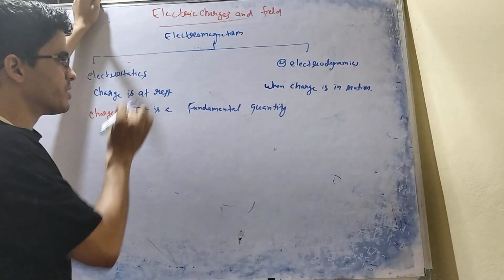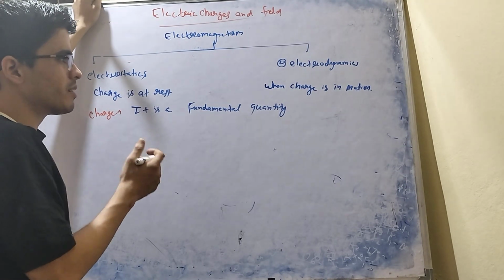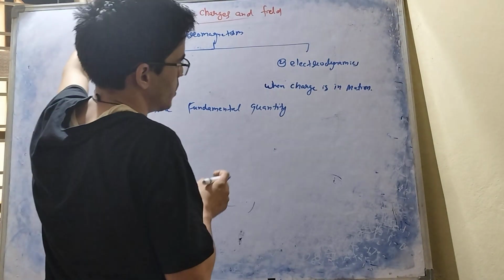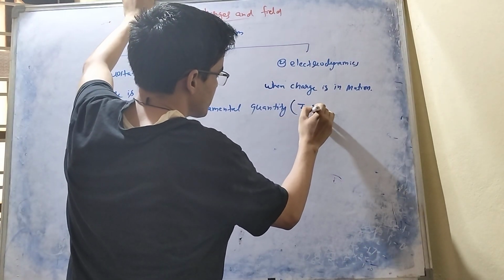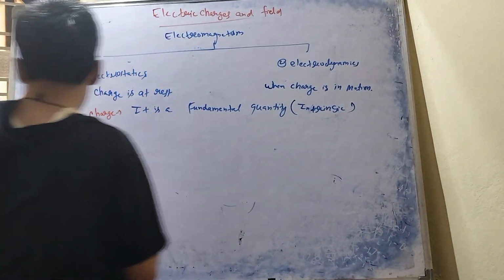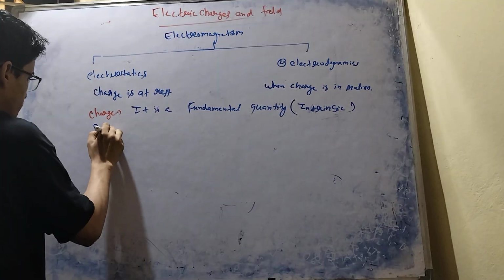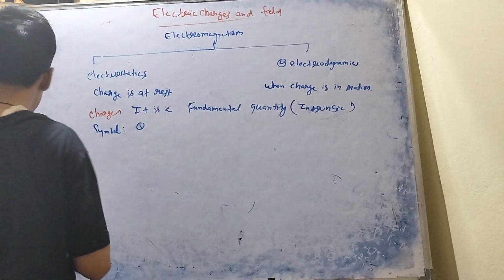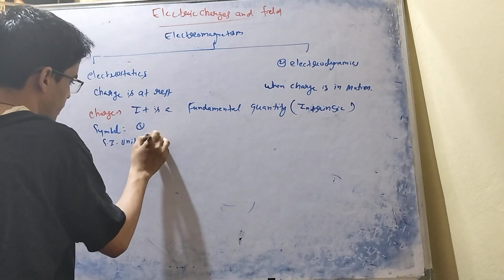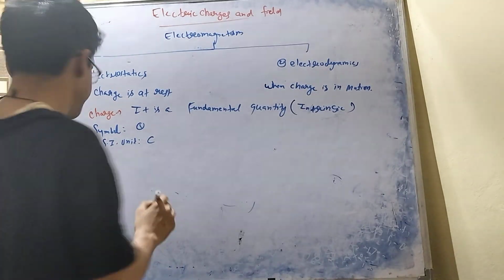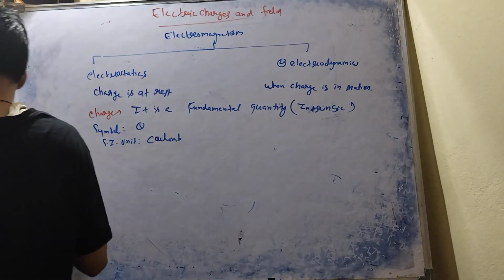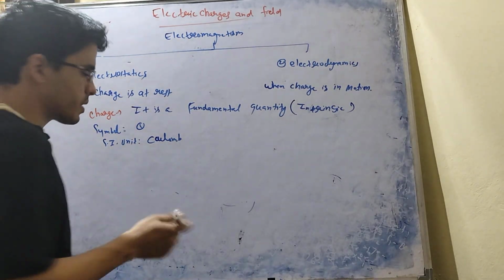In that case it is a basic or fundamental quantity with respect to micro phenomena. It is called an intrinsic property. What is the symbol of charge? Symbol of charge is Q. Next, what is SI unit? SI unit is called Coulomb. Next, is it a scalar or vector? Scalar quantity.